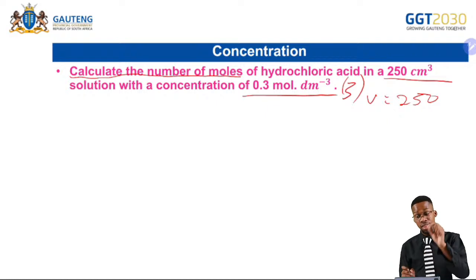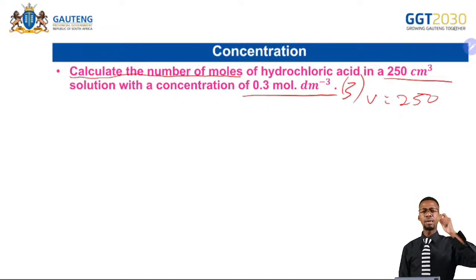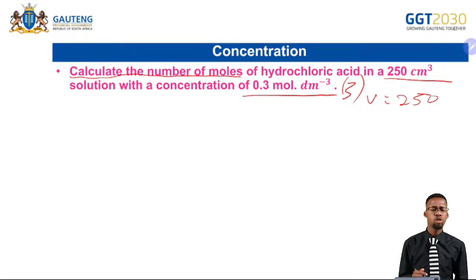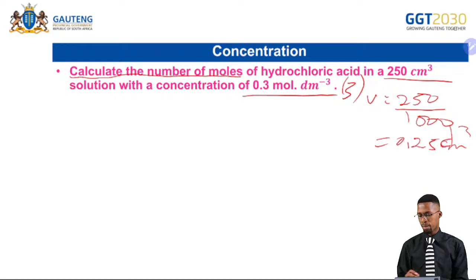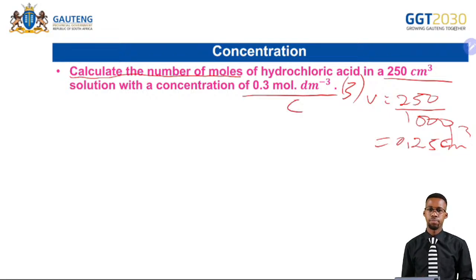So we have this problem, 250 centimeter cube, and something must click in your mind that no, we need to convert this volume to what? To decimeter cube. So we divide by what? By 1000, and your volume will be 0.25 decimeter cube. You'll pardon my handwriting. And then we also have the value for concentration.